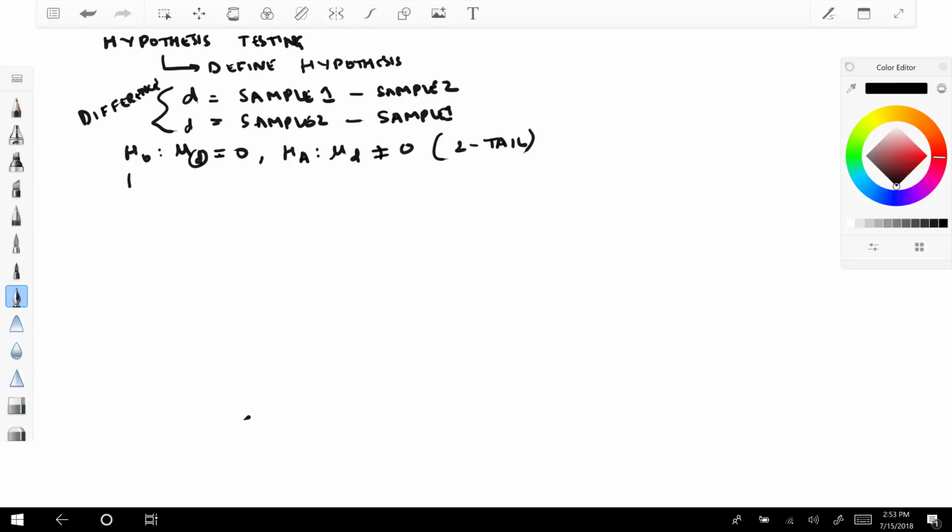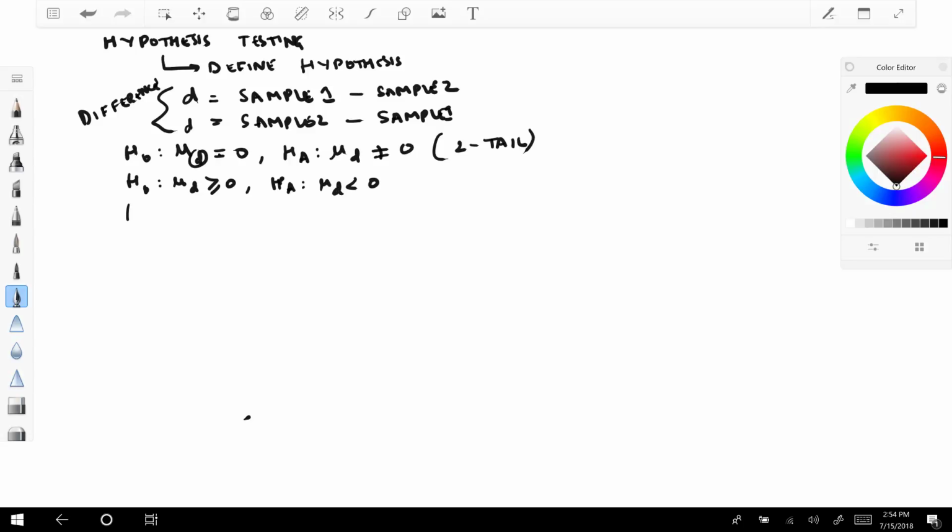Again, we have H null, mu d greater than or equal to 0, and the alternative for this would be mu d less than 0.